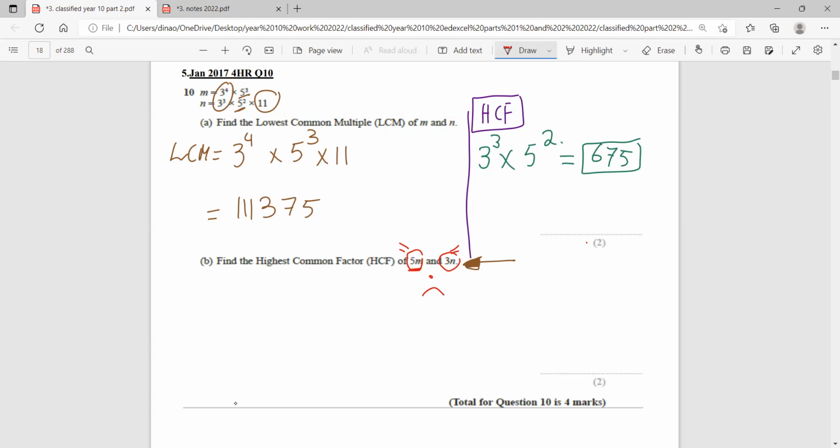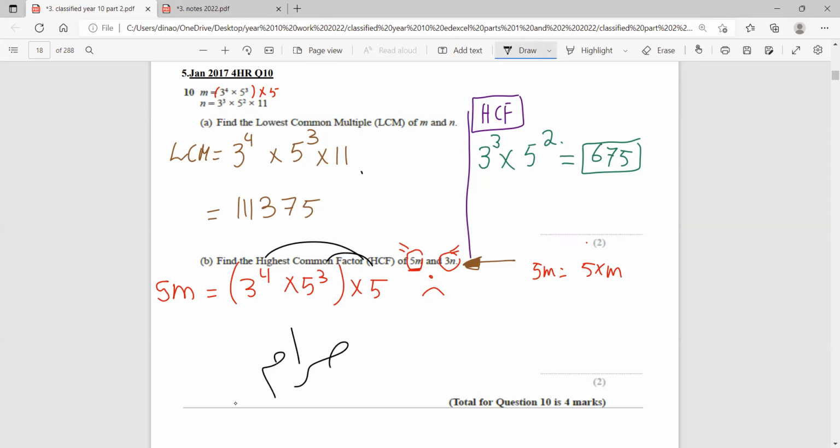First, 5M. What does 5M mean? Let me explain it to myself. 5M means 5 times M, which means M times 5. So the M above, I will multiply it by 5. Let's write it down here: 3 power 4 times 5 power 3. 5M means I multiplied this letter by 5 and I will multiply the other side by 5. Of course not, we don't do this at all.